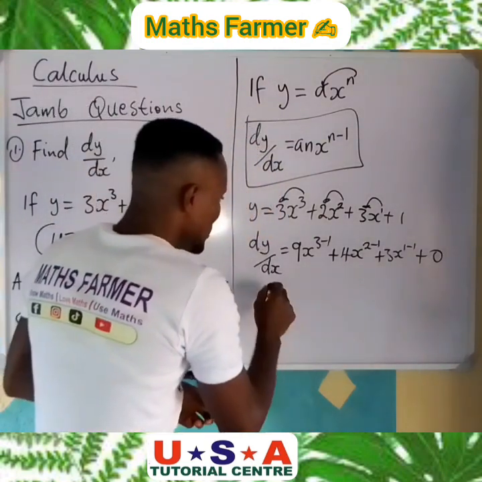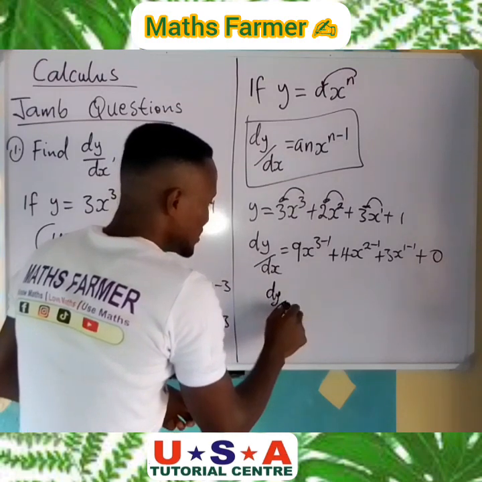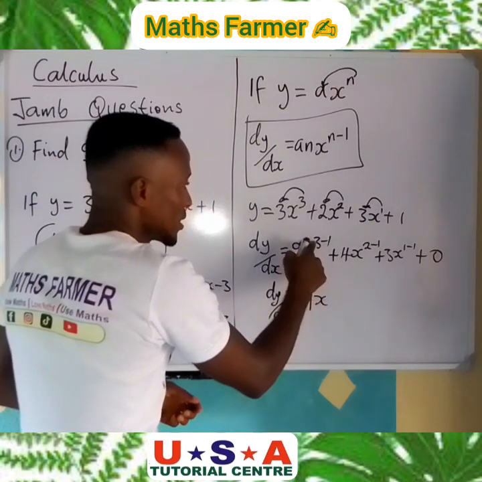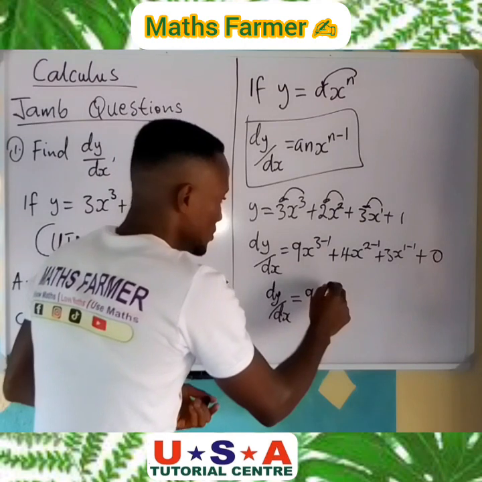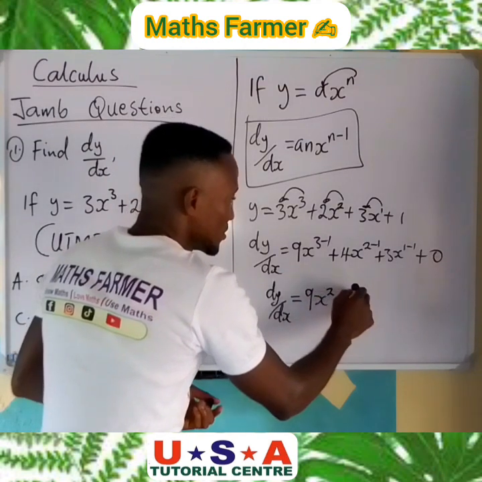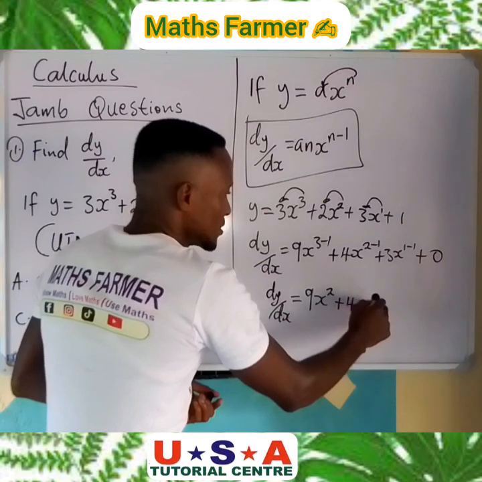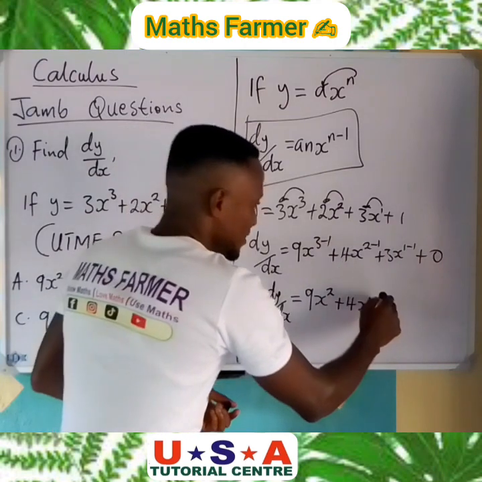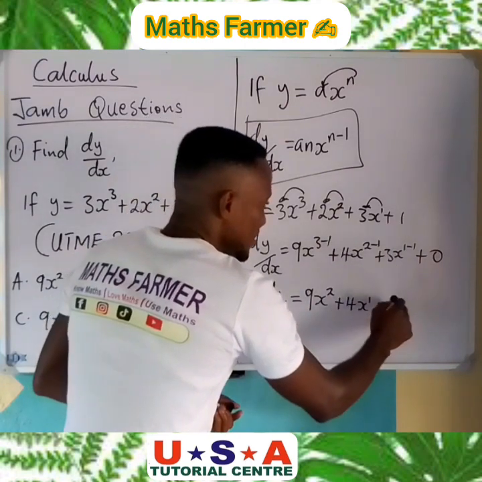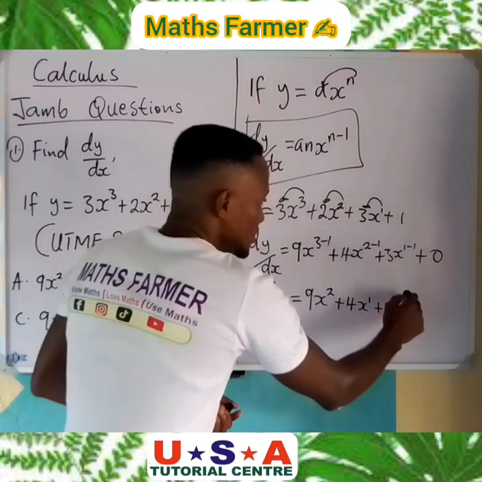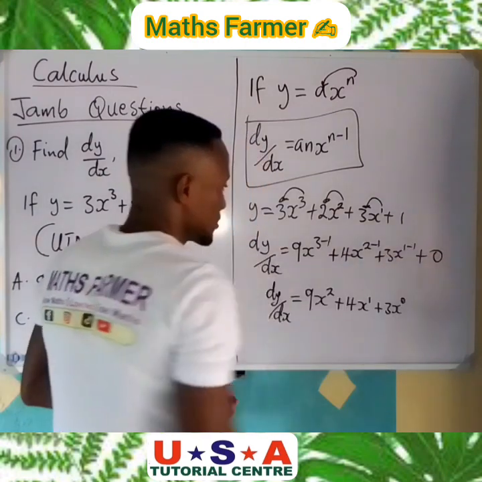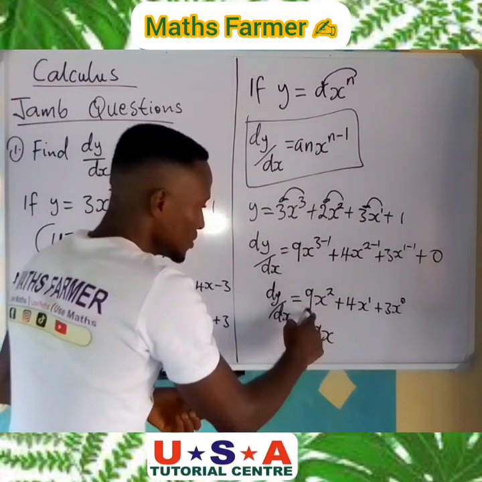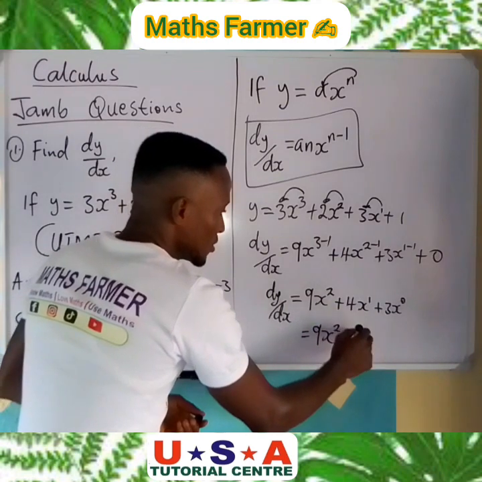So now, if you move forward, dy/dx, the derivative of y with respect to x, is going to be 9x^(3-1), which is 9x^2, plus 4x^(2-1), which is 4x^1, plus 3x^(1-1), which is 3x^0. Therefore, the final answer is going to be 9x^2 + 4x.